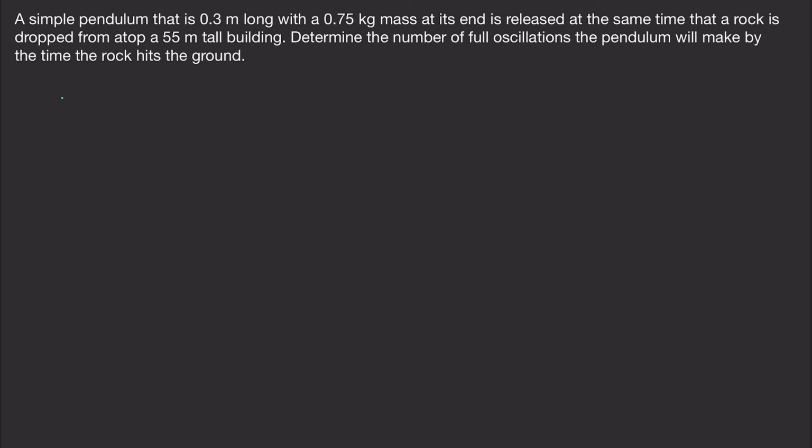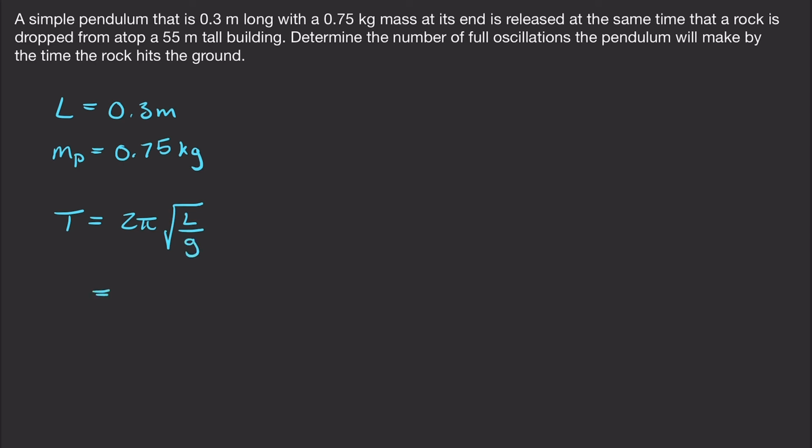Okay, so this pendulum is 0.3 meters long, and the mass of the pendulum is 0.75 kilograms. So it gave us the mass of the pendulum, but it turns out the period of a simple pendulum only depends on the length. It's 2 pi times the square root of L over g.